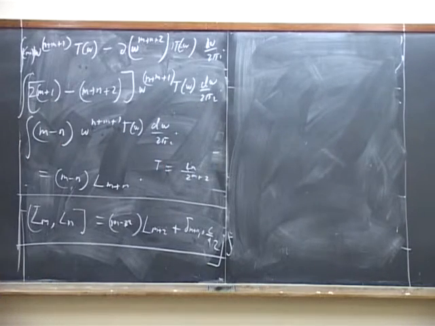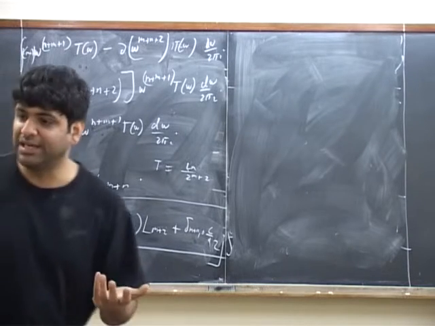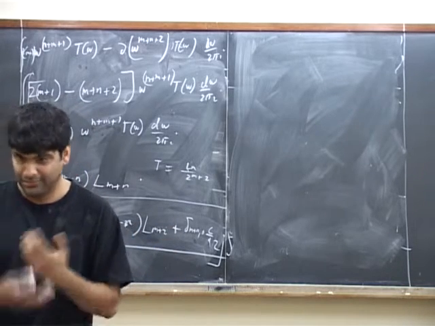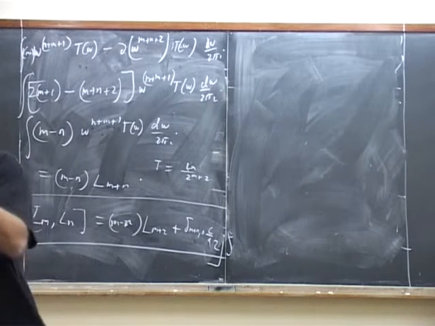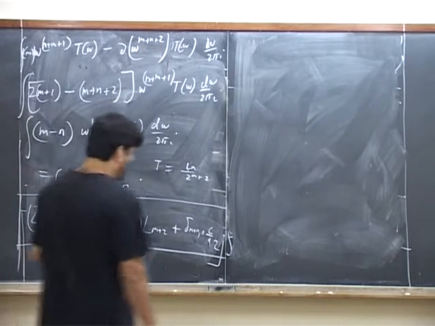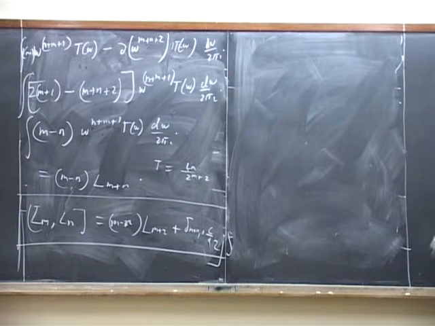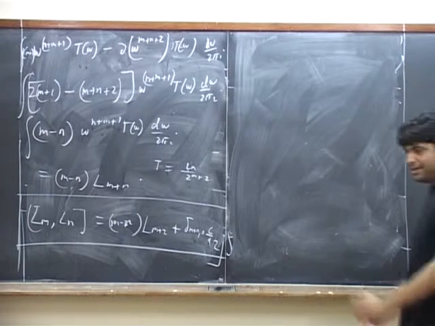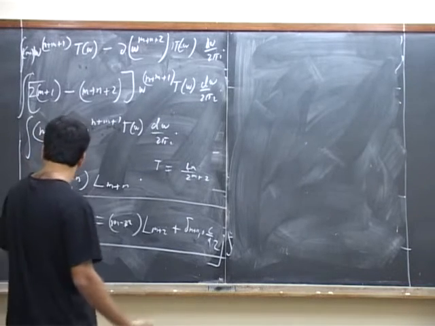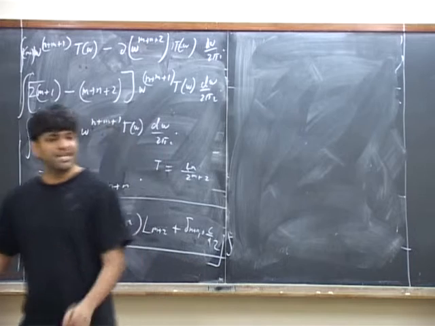So we define a primary operator as an operator whose only singularities in the TT OPE are the square term and the linear term, with particular forms of the coefficients. Any state that is dual to an operator that obeys such an OPE with the stress tensor is going to be called a primary state. Okay, I want to understand what I can say about the action of these L operators on primary states.